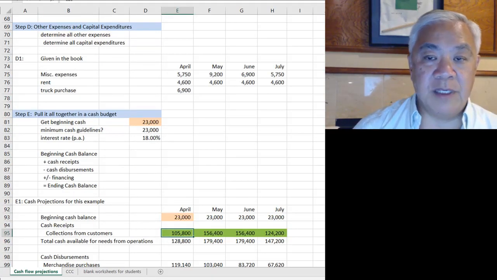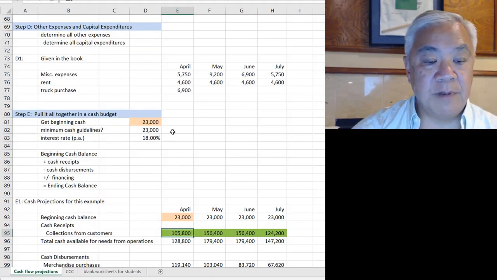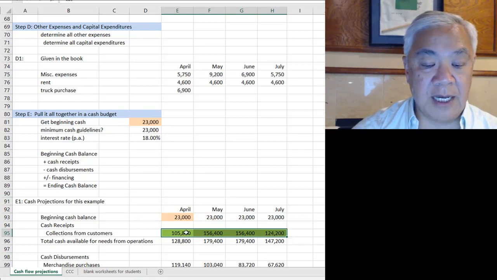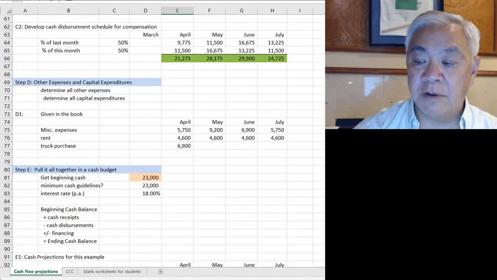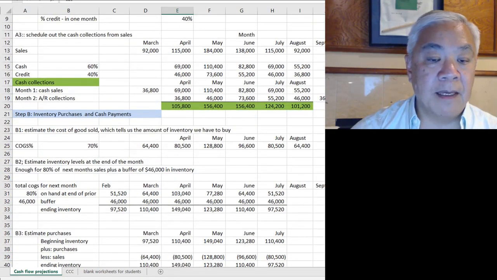All right, so then we start with the $23,000, which was given. That's right here. We add to it the cash receipts from cash collections from customers. So April through July. So this cell 105 we calculated before. It's right here. So for the month of April, cash collections equals 105.